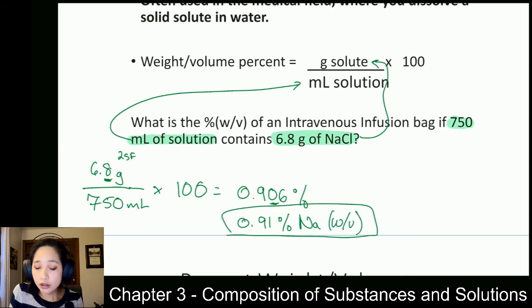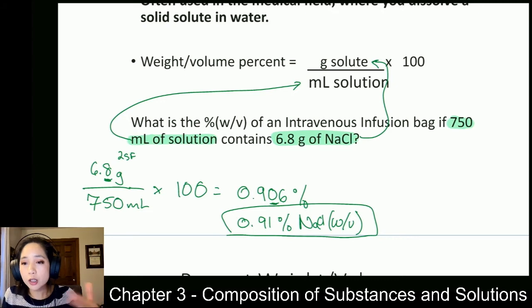All right, and sodium chloride, yeah. If you've used IV bags, if you volunteer at the hospital or work at the hospital, you might have seen on the IV bags it typically says 0.9% weight volume sodium chloride.